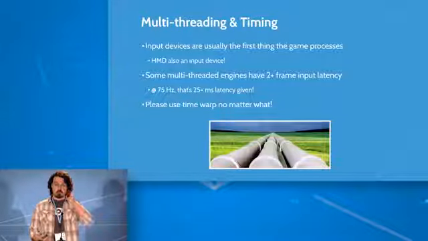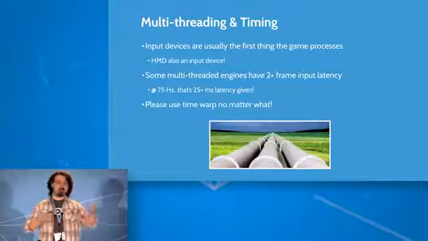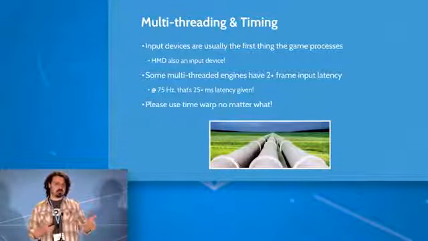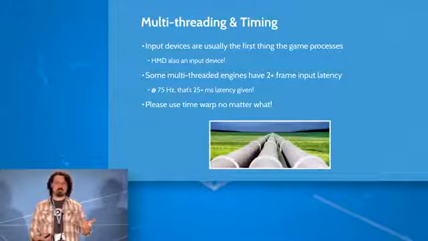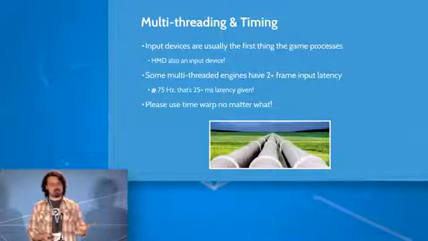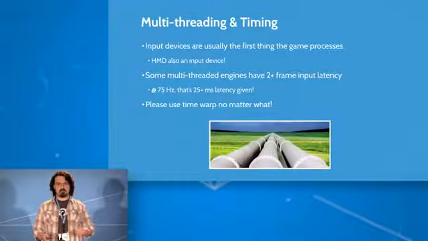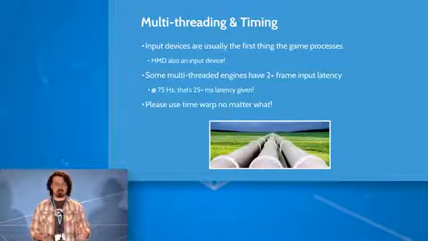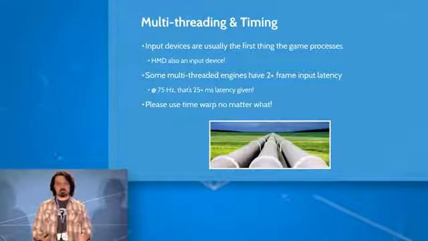In the past, we've seen a lot of engines with multiple threads have frame input latencies over 2 frames. That's partly because they never had to worry about head-mounted displays. Controller inputs above 2 frame latencies were actually kind of okay. And if you look at that from a strictly millisecond latency point of view, right off the bat, if you don't account for it, you would be adding more than 25 milliseconds latency.